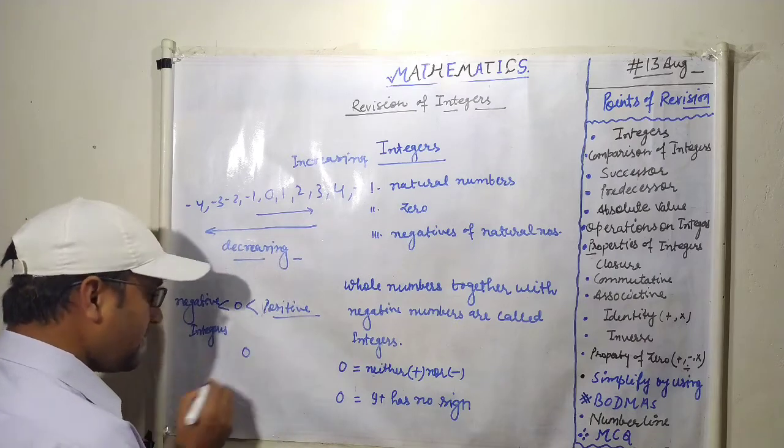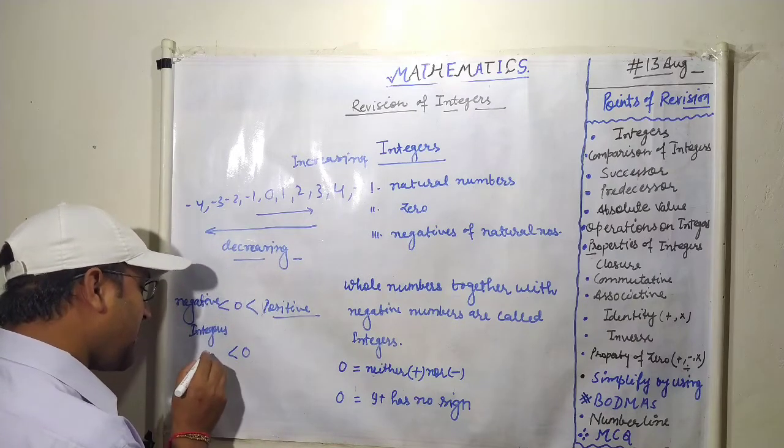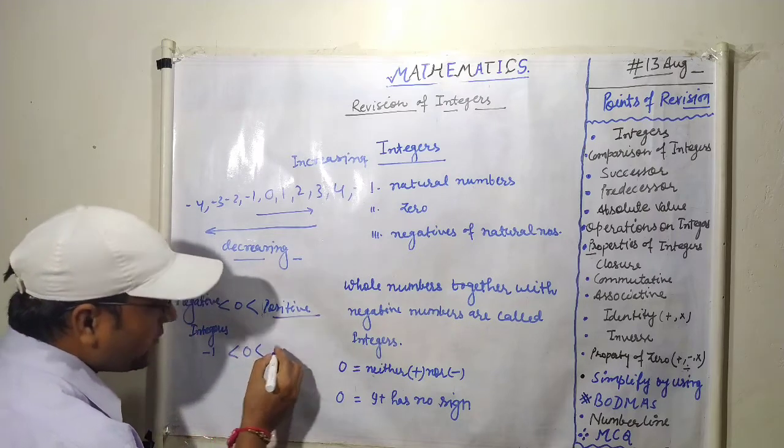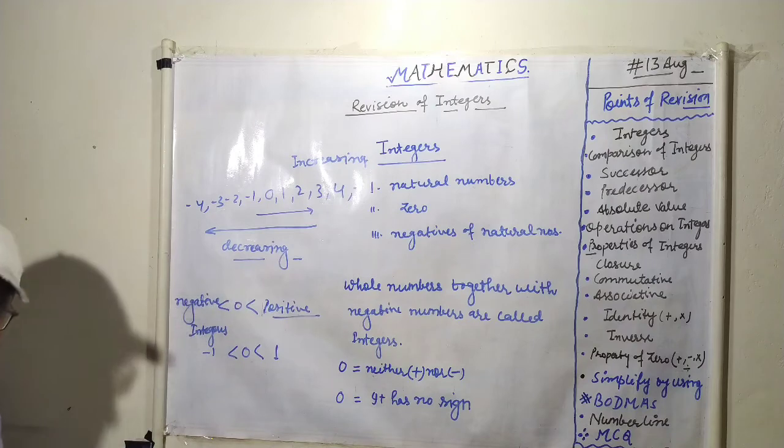Means that 0 is always greater than -1, -2, -3, and so on, and 0 is always less than 1, 2, 3, any positive integer you will write there.